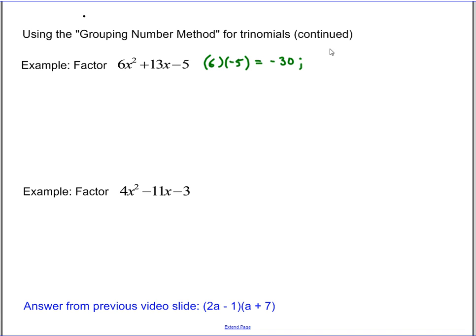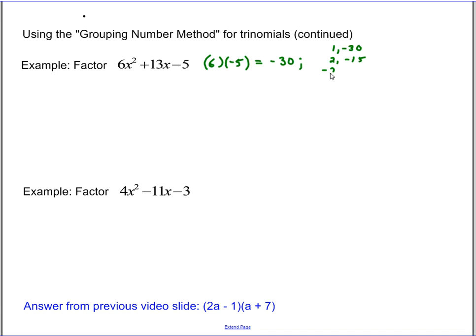Well, we know 1 times negative 30, or negative 1 times 30 would be a pair, but that sum is not equal to positive 13. Let's try another one. 2 and negative 15. Does that work? Well, positive 2 added to negative 15 is negative 13, but we want positive 13.